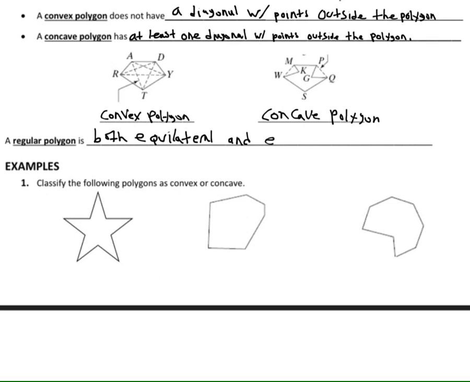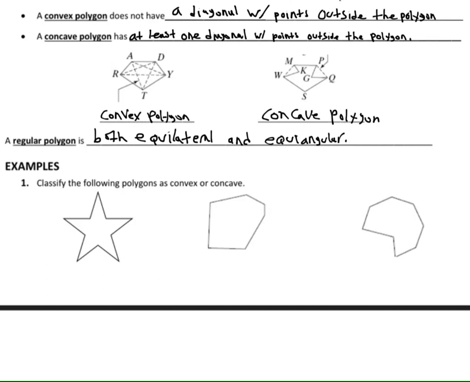Equiangular means all of the angles are going to be congruent. Inside of a problem, it'll say a regular polygon is both equilateral and equiangular. So let's go ahead and start on our examples.